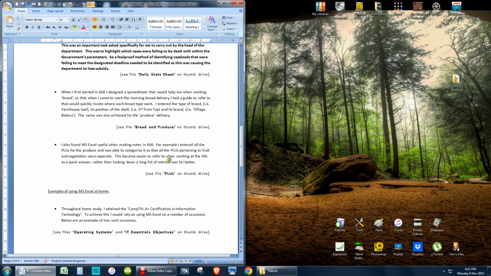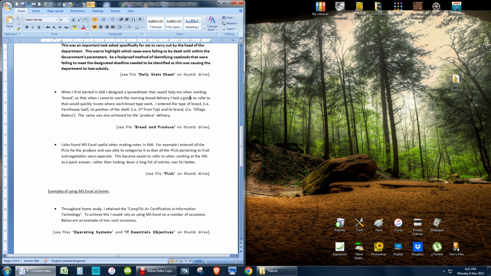This became easier to refer to when working at the tills for a quick answer rather than looking down a long list of entries. I've just read that wrong. This became easier to refer to when working at the tills as a quick answer rather than looking down a long list of entries was far better. I hope that reads better. That doesn't sound right to me, but there we go.